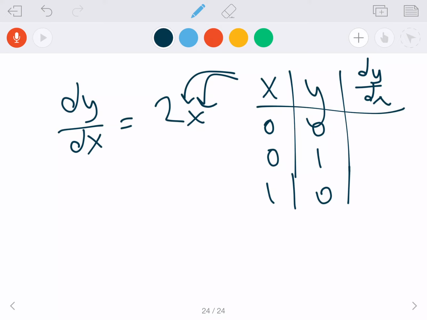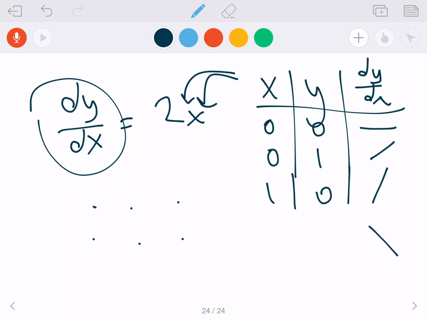In this case, we didn't have any y terms, that's okay. What dy dx is telling you then is the slope, right? So if I get 0 slope, if I get a slope of 1, if I get a slope of 2, if I get a slope of -1, and then you sketch all those coordinates, you'll have some layout here, and you sketch the things that you plotted. I don't have a specific example here, I'm not actually working anything out, but you get the idea.